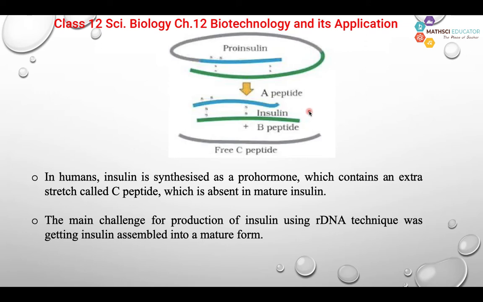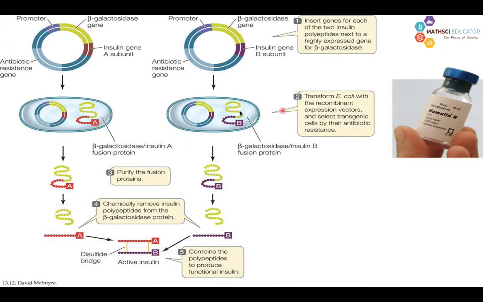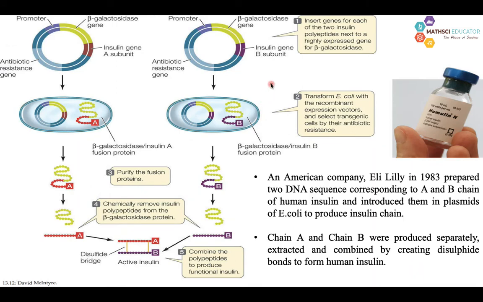The main challenge for the production of insulin using the recombinant DNA technique was getting the insulin assembled in a mature form. Now, as you see in this figure, an American company, Eli Lilly, in the year 1983 prepared two DNA sequences corresponding to chain A and chain B that are identical to human insulin, and introduced them in plasmids of E. coli to produce the insulin chains.